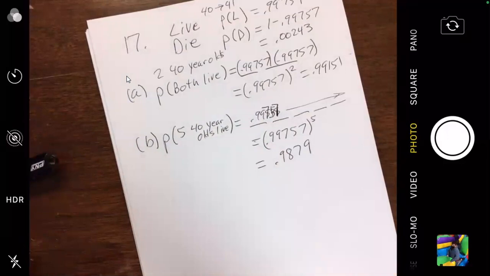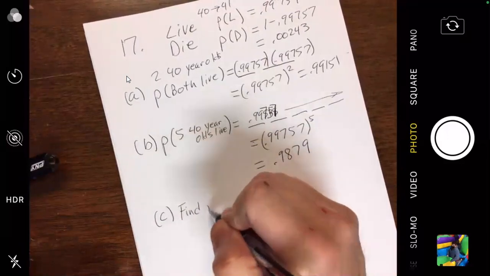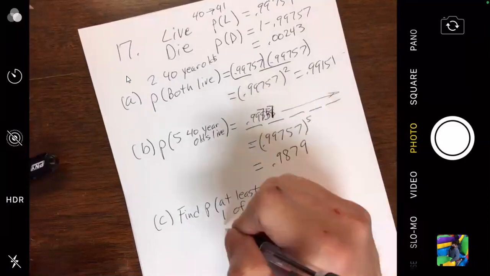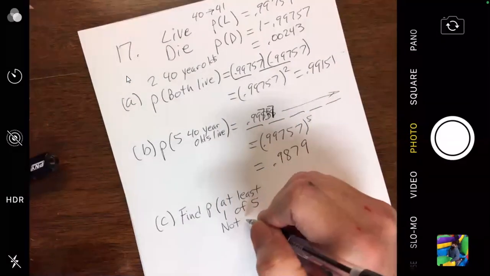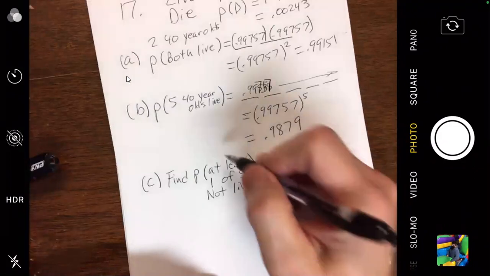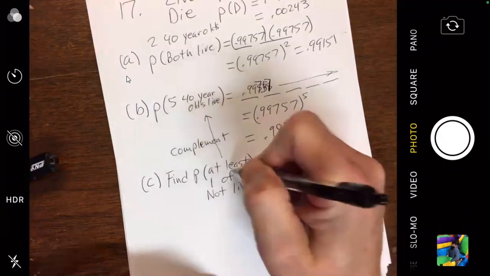Okay, so C has 2 things. Another at least. Find the probability at least 1 of 5 does not live. All right, do you recognize that as a complement to this? Yes, I do.